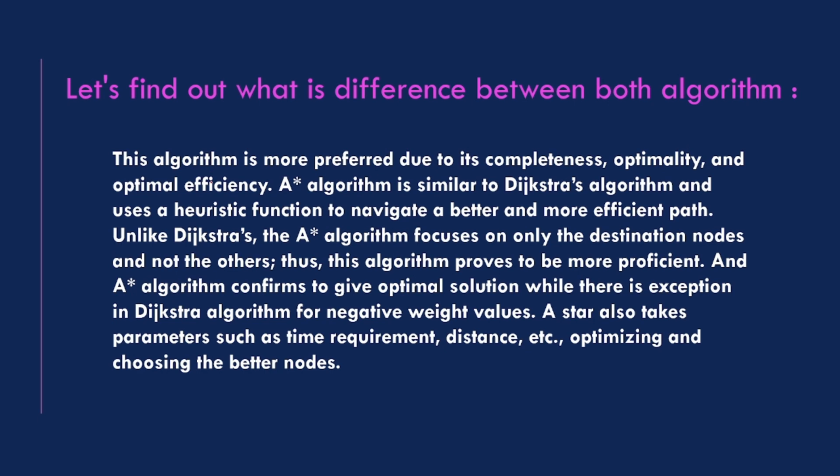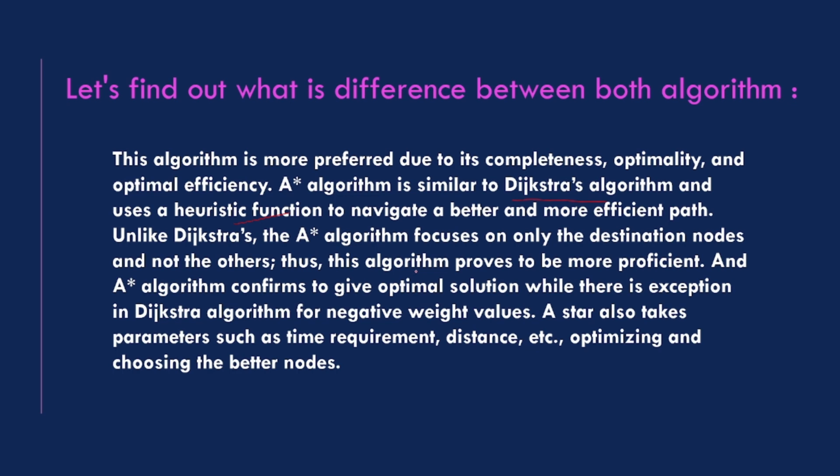A-star algorithm is more preferred due to its completeness, optimality, and optimal efficiency. As you know, A-star is similar to Dijkstra's algorithm and uses a heuristic function to navigate a better and more efficient path. Unlike Dijkstra's, A-star focuses only on the destination node and not the others.